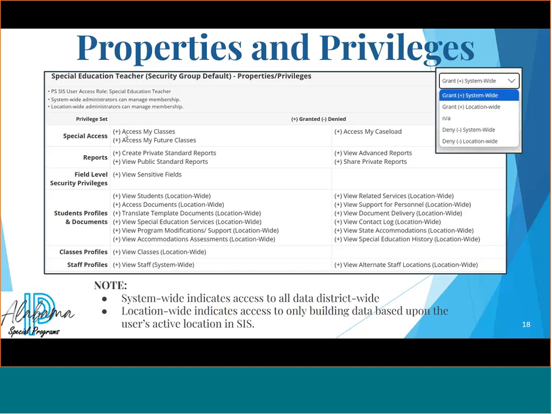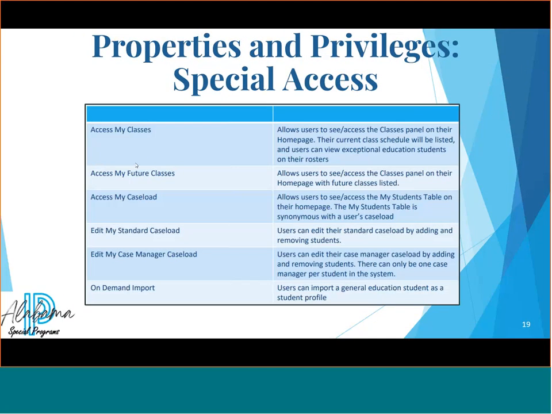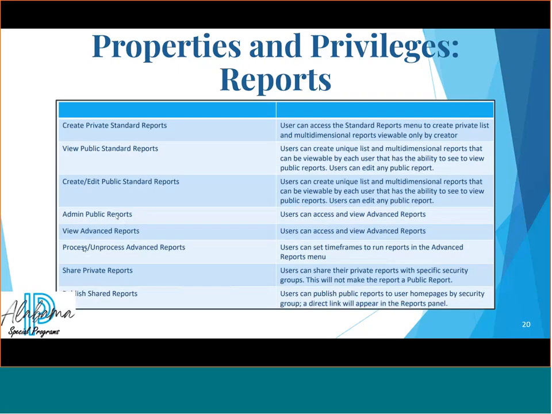Or access my future classes, what does that mean? Or view sensitive fields, what does that mean? Well, these next slides are going to explain that to you. And they tell you a brief description of what each one of those privileges means. So I'm not going to read them to you. That's too much information, and it's the end of the day and we're tired. So I have them here for your reference.